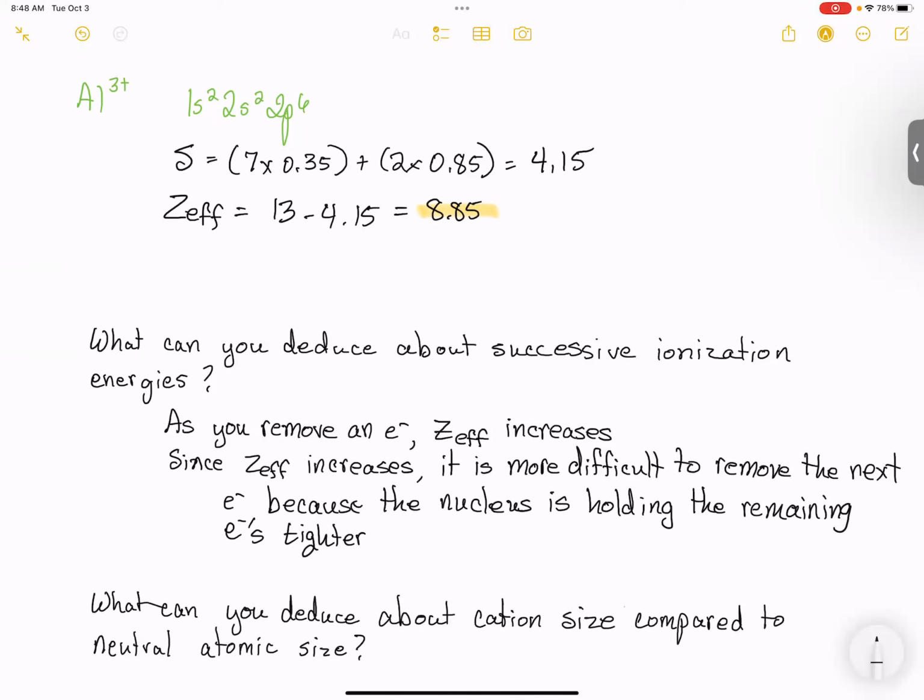What is one more thing that you can deduce about the successive ionization energies? You'll have to look at your sheet because I've rolled it up. There's a huge jump for this atom when you got to the third ionization energy.